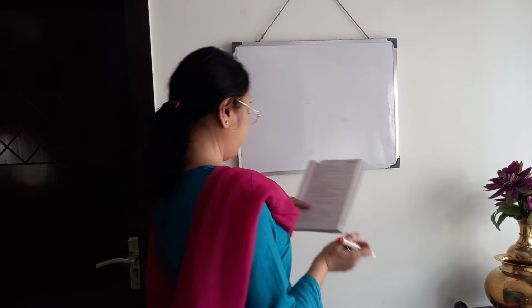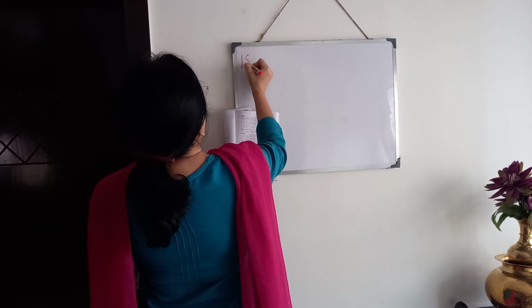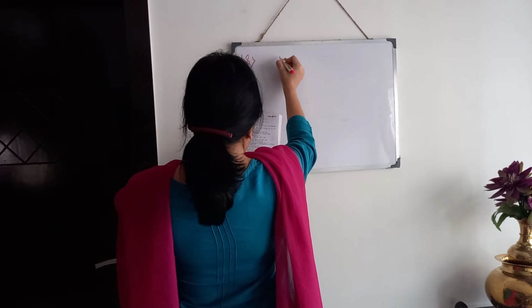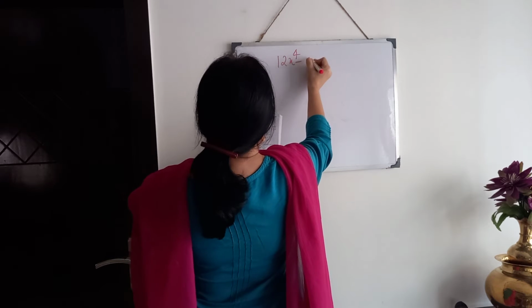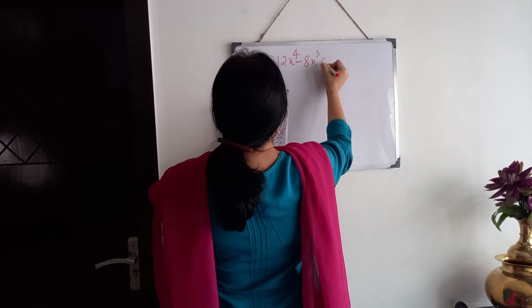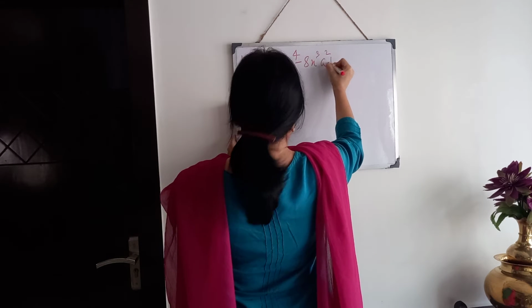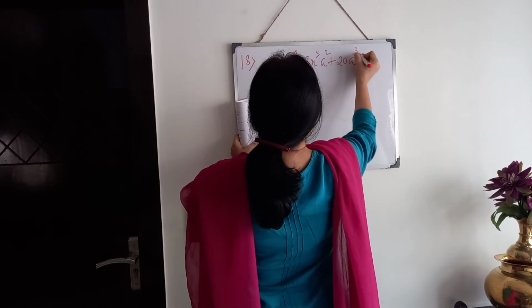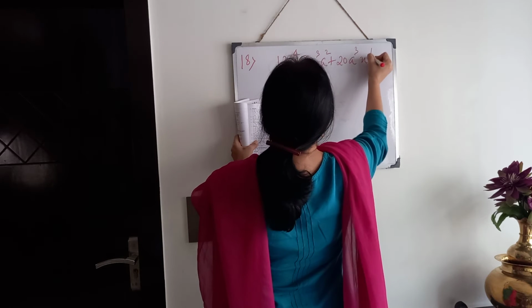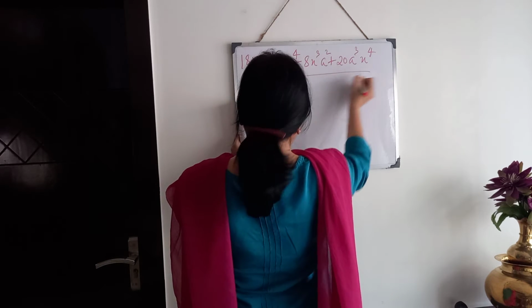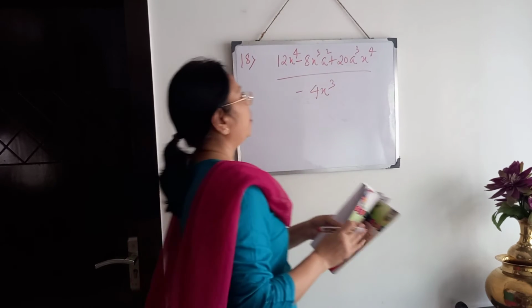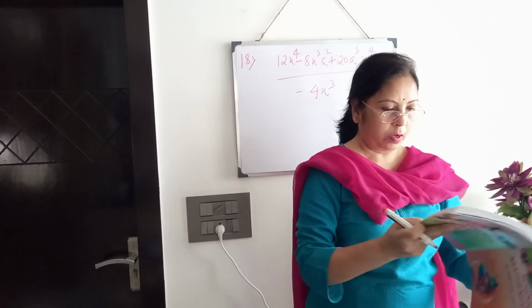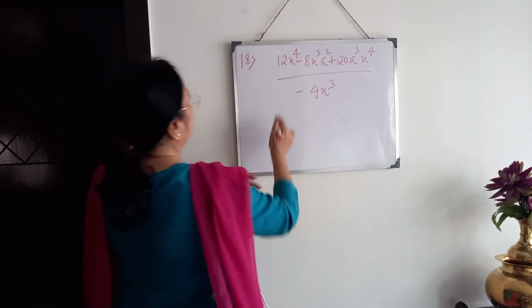Very easy, you know. I am doing from number 18. Divide 12x to the power 4 minus 8x cube square plus 20a cube x to the power 4 by minus 4x cube. I don't know how you have done in class 7, but I do in this way.